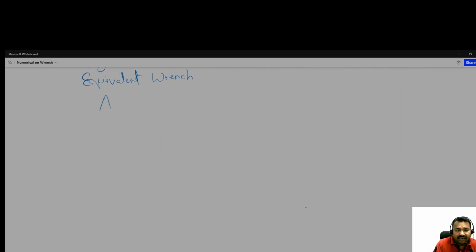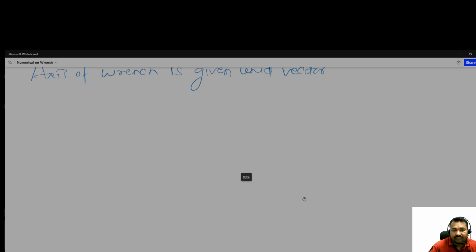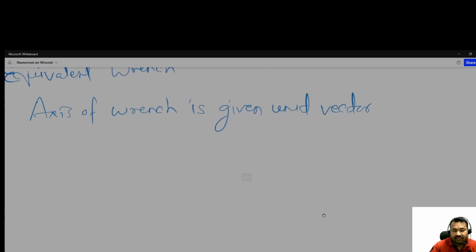We have to get the axis of the wrench, which is given by the unit vector along the resultant R. We denote it by e bar, which is equal to R bar divided by its magnitude.